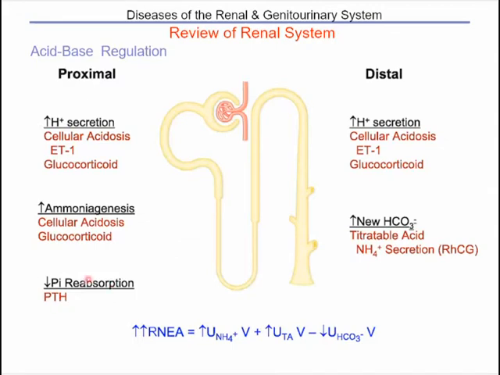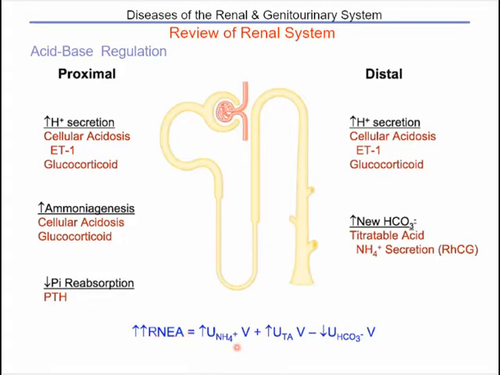So there's inhibition of phosphate reabsorption along the proximal tubule, allowing for greater excretion of titratable acid. When there's decreased reabsorption of phosphate, it allows for excretion of more titratable acid in the urine. So the net effect is an increased renal net acid excretion, or RNEA, of the body.